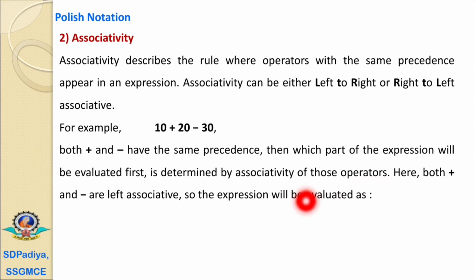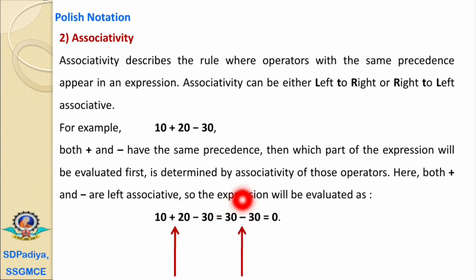Here both the plus and minus are left associative. So the expression will be evaluated from the left side, that is 10 plus 20 first, which will be 30, and then we have to perform the subtraction, that is 30 minus 30, and your final result will equal 0.